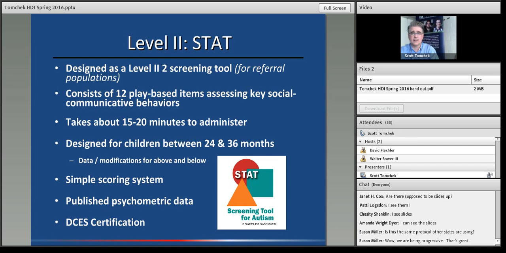If we look at the STAT, again, quick, 12 items, looking at reciprocal play. There are communication items, looking at requesting, so pretty traditional kind of requesting. So if you put food in a jar, how does the child request that they want help?